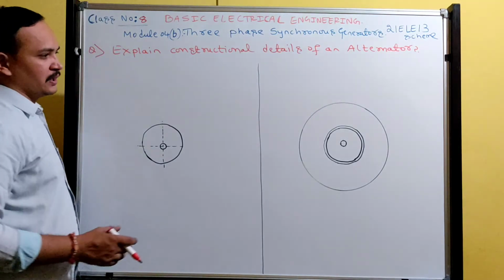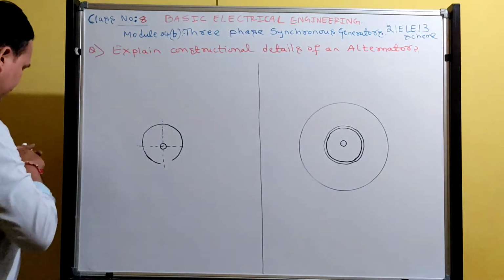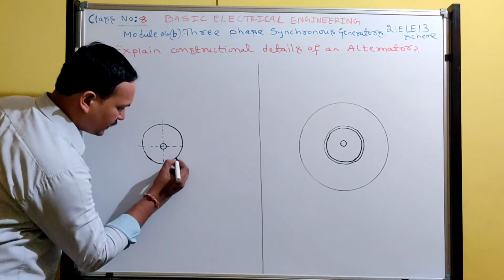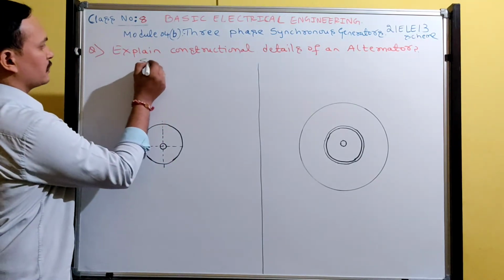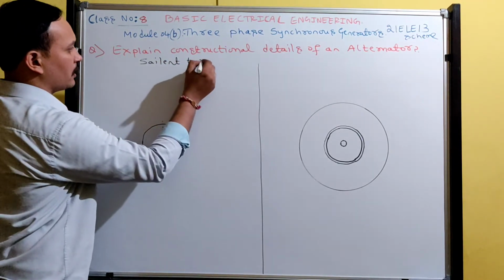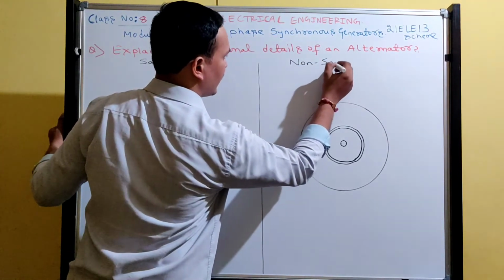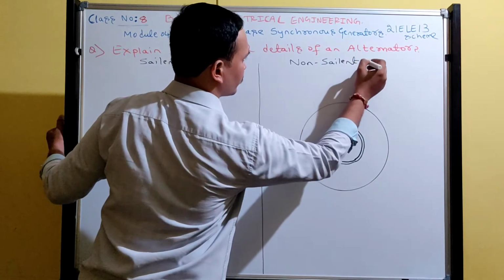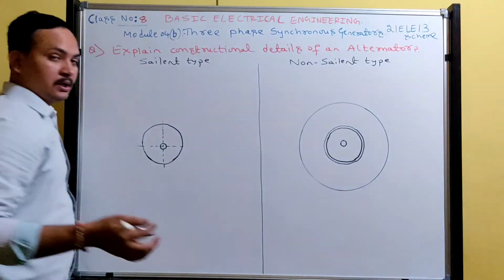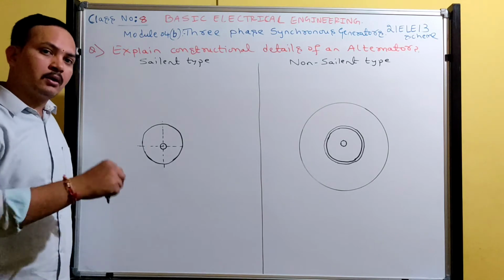Okay friends, now we can see the rotor construction. The rotor construction is divided into two types. One is called salient pole type alternator, and another one is non-salient pole type alternator. We are placing the field winding in the rotor.